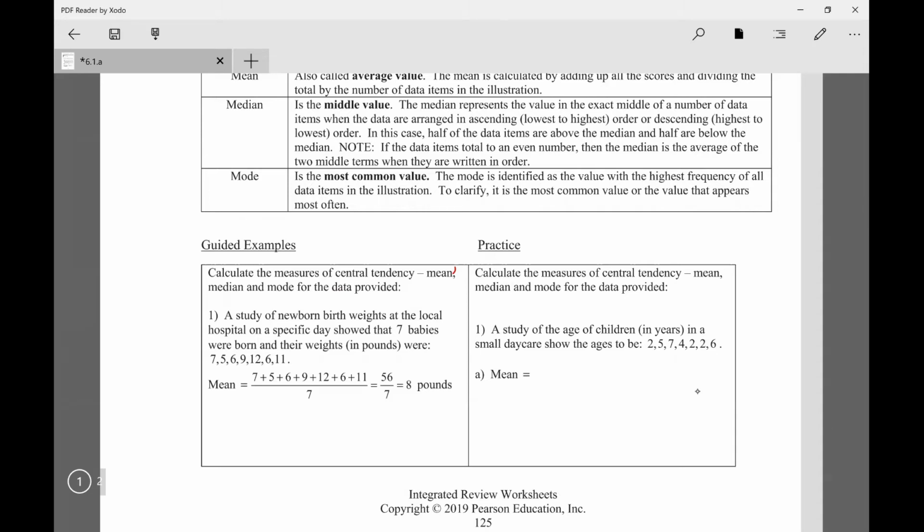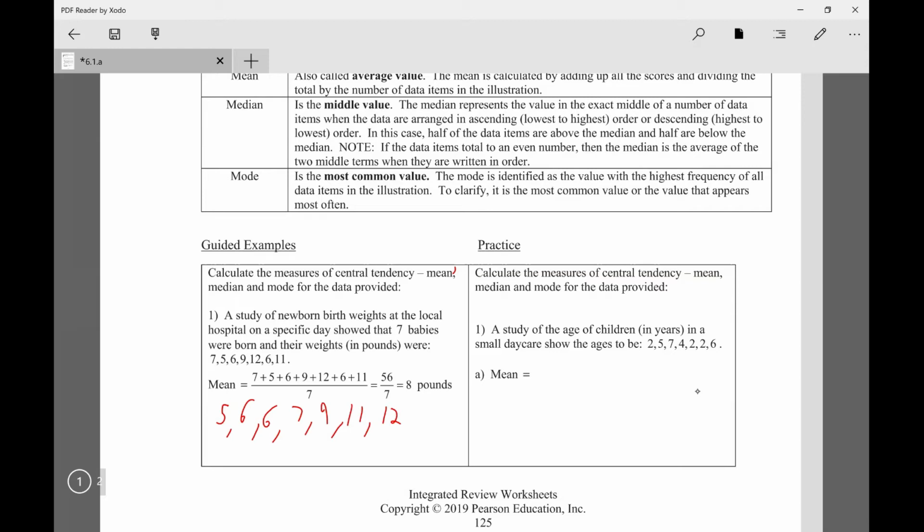If we want to find the median, the first thing we need to do is order this from the lowest to the highest number. So I'll do that right below this. We have 5, 6, another 6, 7, a 9, an 11, and 12. That's just ordering it from lowest to highest.